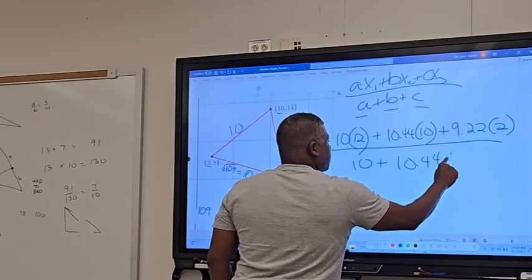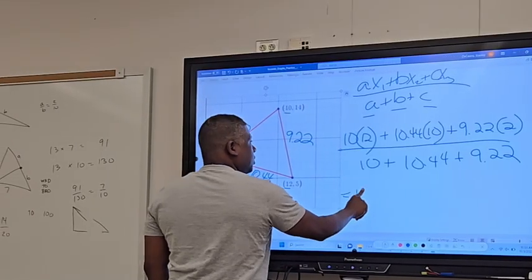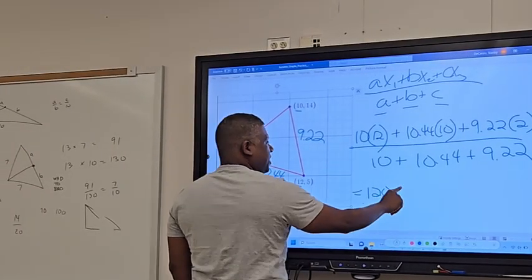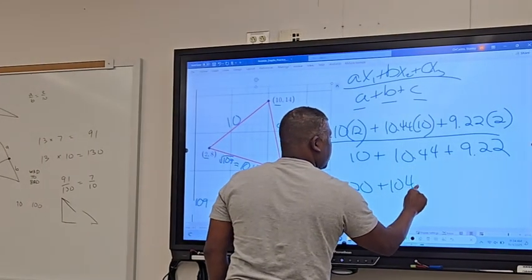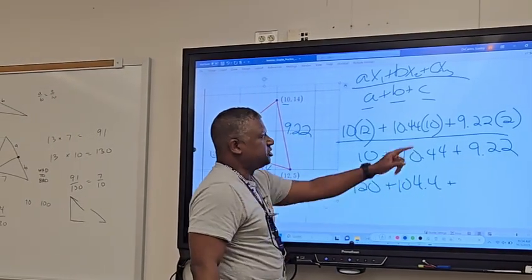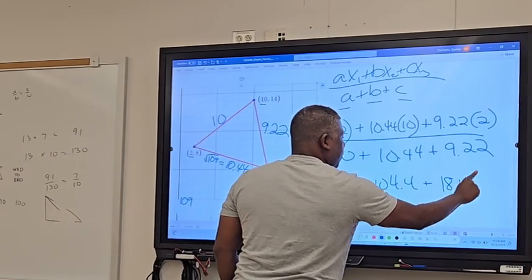And divided by the perimeter, 10, 10.44, and 9.22. So I look at this, what's that, 120? 10.44 multiplied by 10, that's an easy one, 104.4. And double 9, I get 18. Double 0.22, I get 0.44.